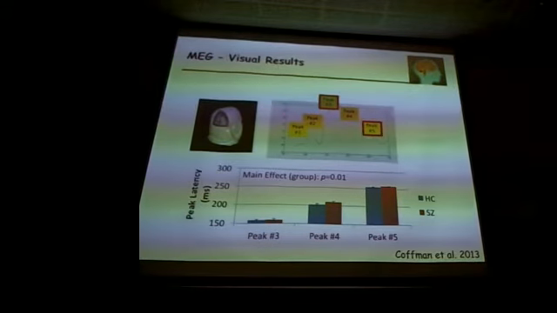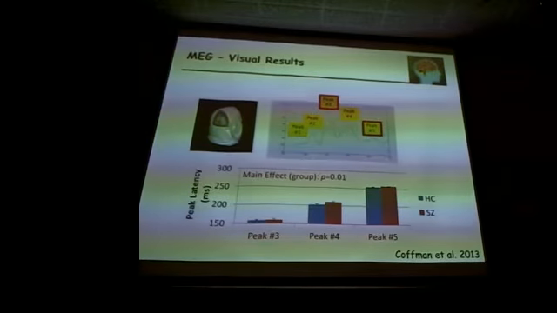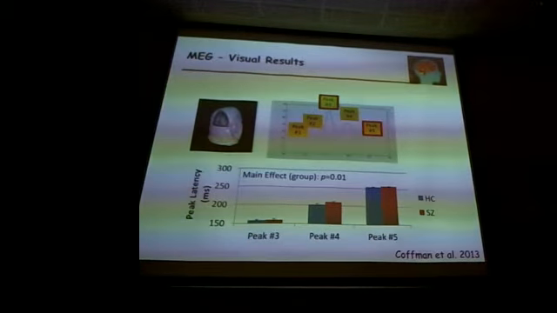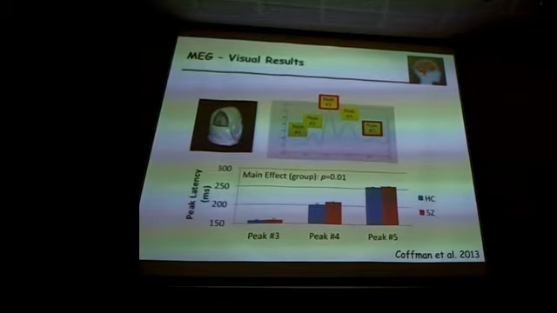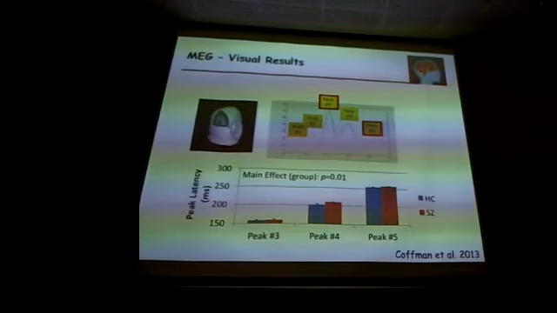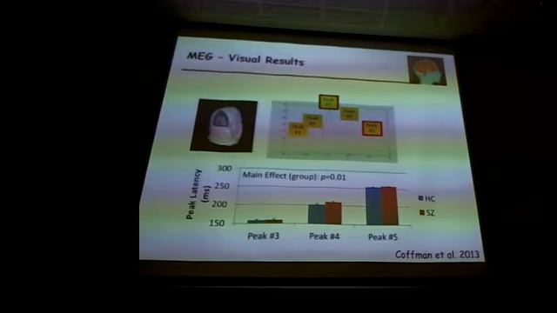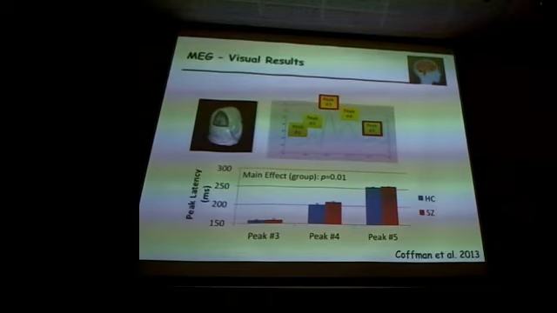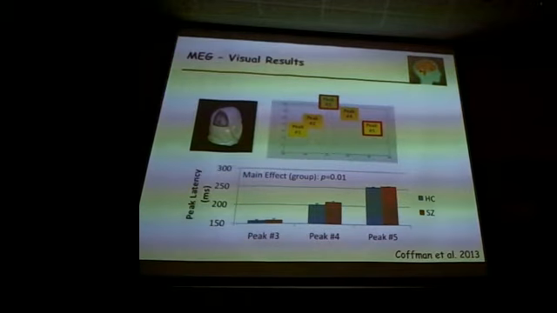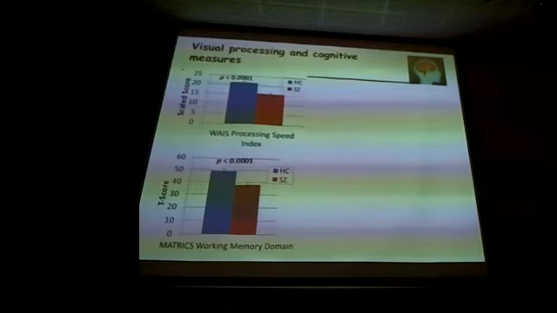This is looking at the timing for the primary visual response, and for peaks 3, 4, and 5, there's this group difference between healthy controls and patients, where the patients are slower than the healthy controls, and this is not with the multisensory responses. This is just the visual response alone.